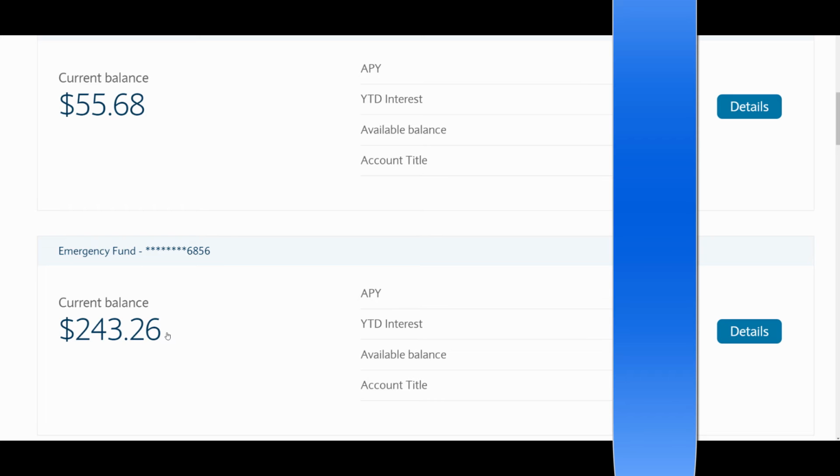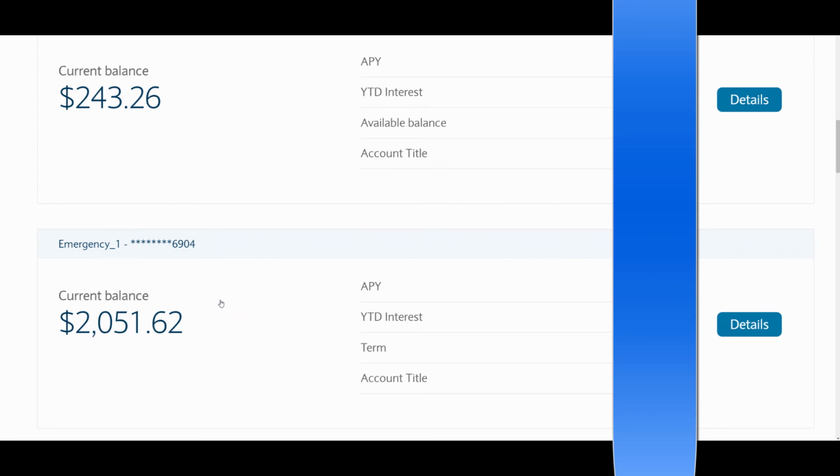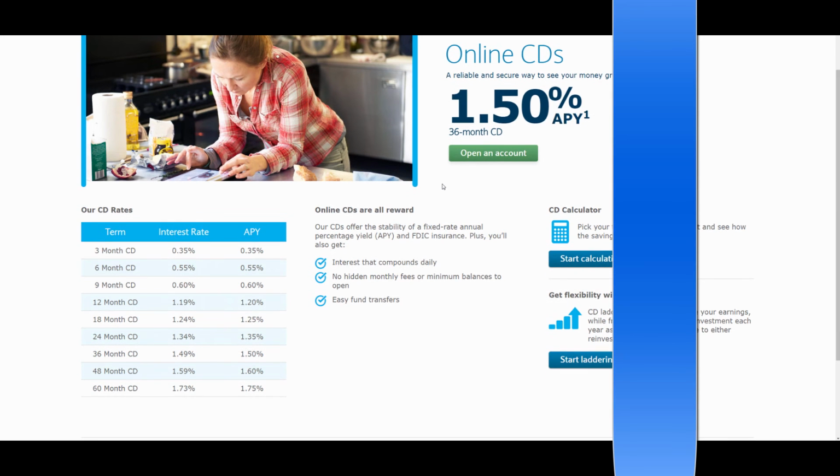There's actually, I want to say, 9 or 10 other layers, and these are my CD accounts. So I decided a while back when I was starting with all this that I was going to put $2,000 into CDs, and at the time CDs were giving a rate of 2.25%. Now they're not, it's like 1.75, so I probably wouldn't do this again.